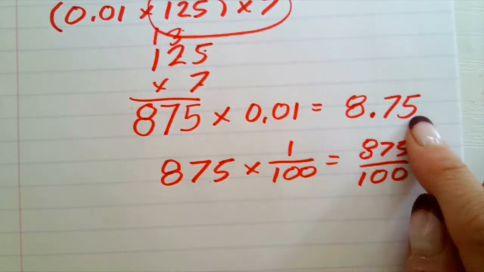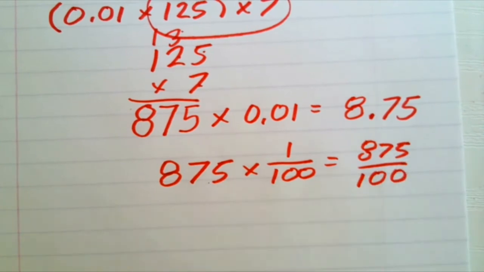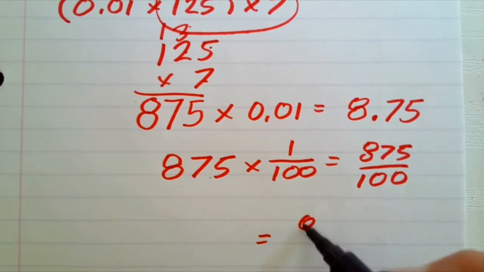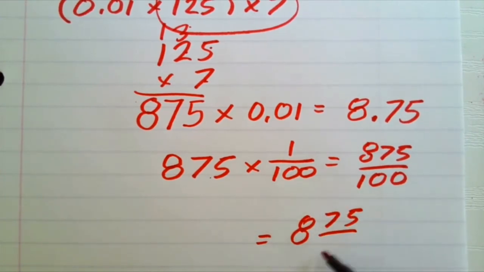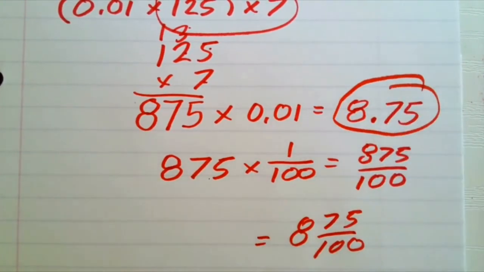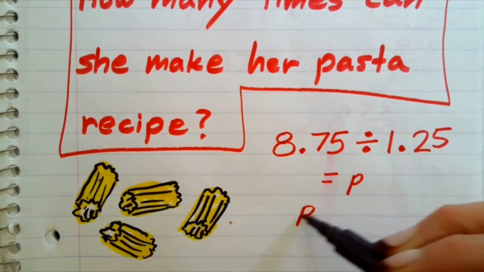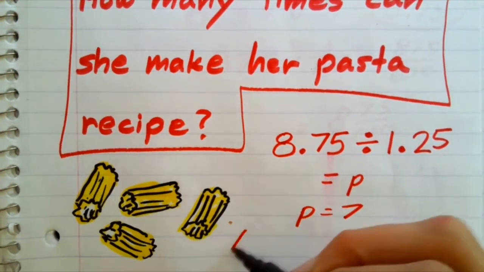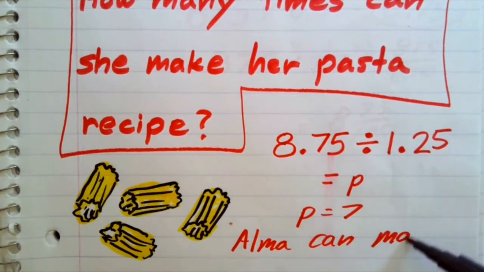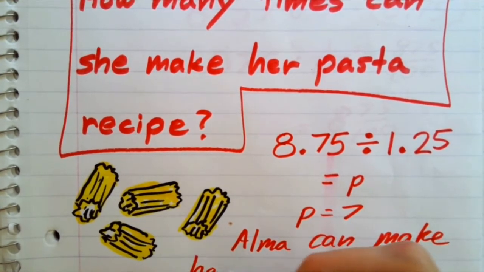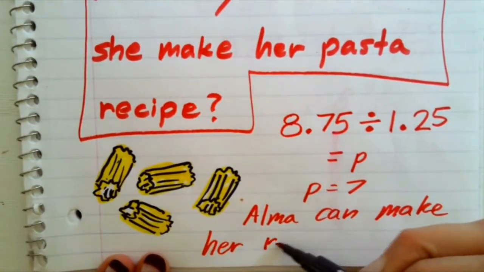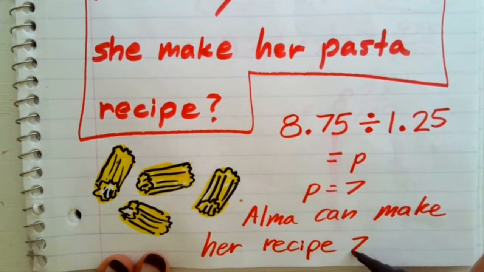Eight and 75 hundredths is 875 hundredths, which is what we've got. So P equals 7, and Alma can make her recipe seven times.